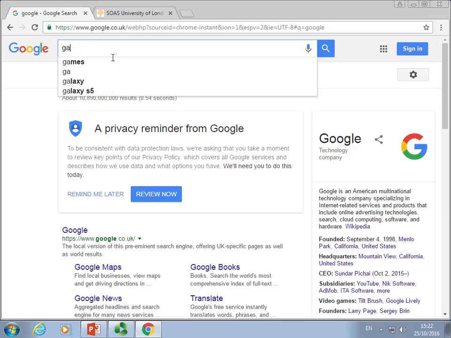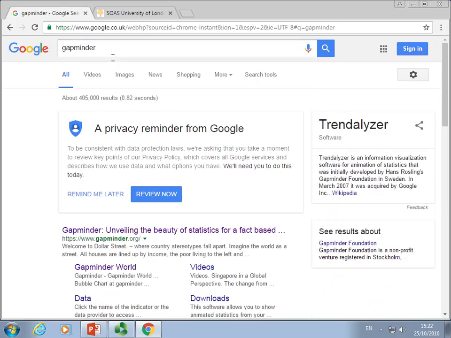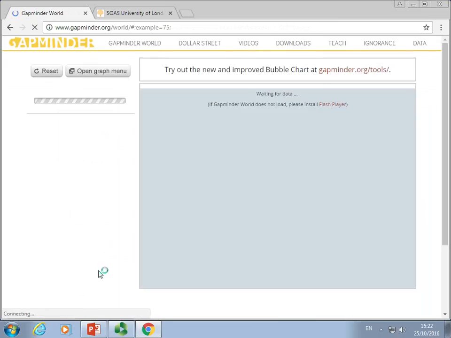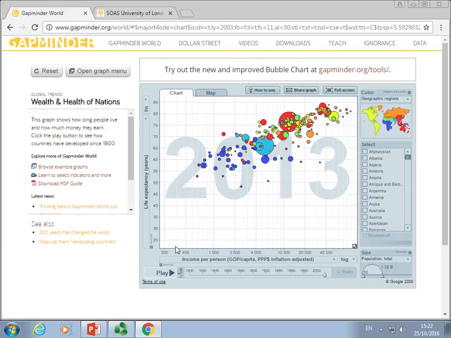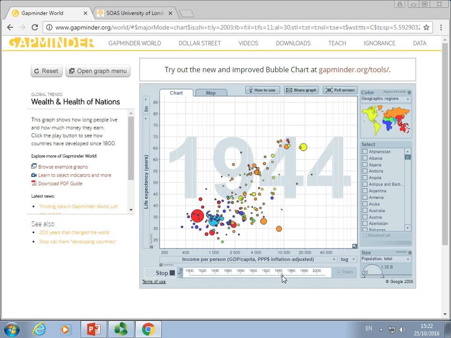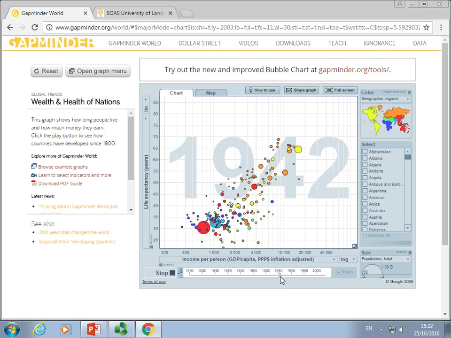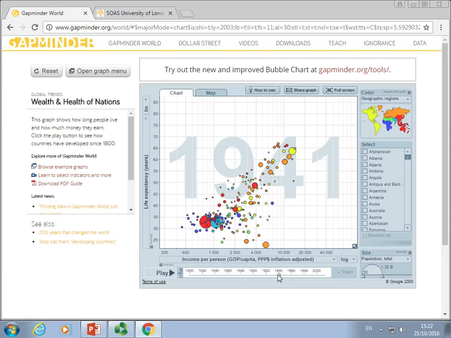Okay. Our beloved Gapminder. By the way, you can learn how to see just one factor over time. I'll show you in a minute. So let's go back to 1940, okay? Before the start of World War II.